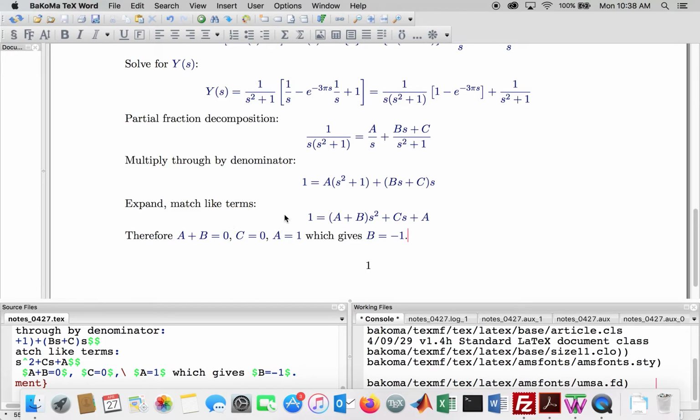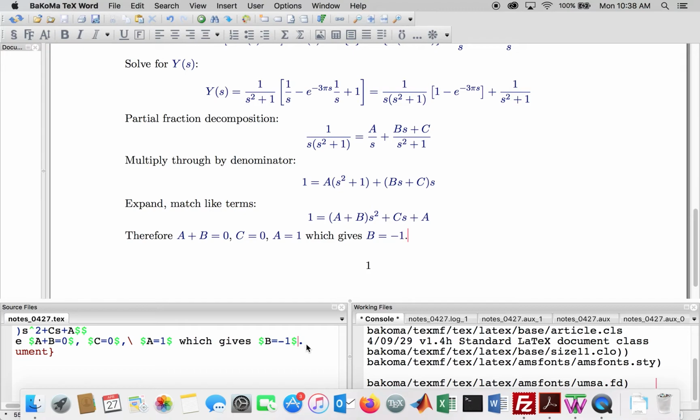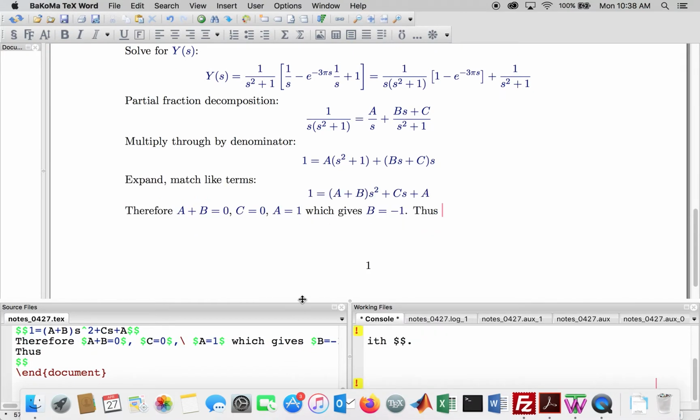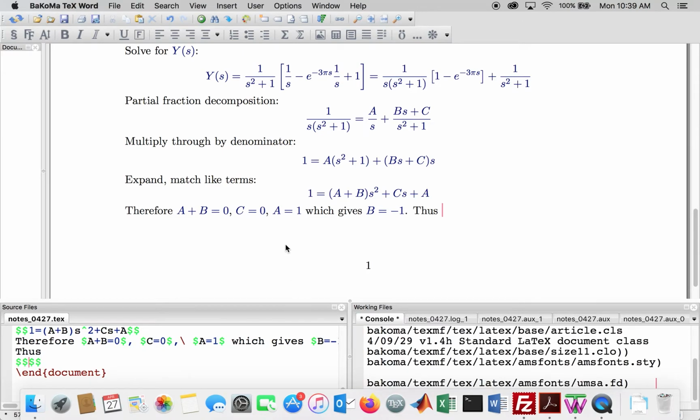So now I can take my values of a, b, and c and substitute them up here and use that decomposition in here. So what is that going to give me? Going on to a new page.